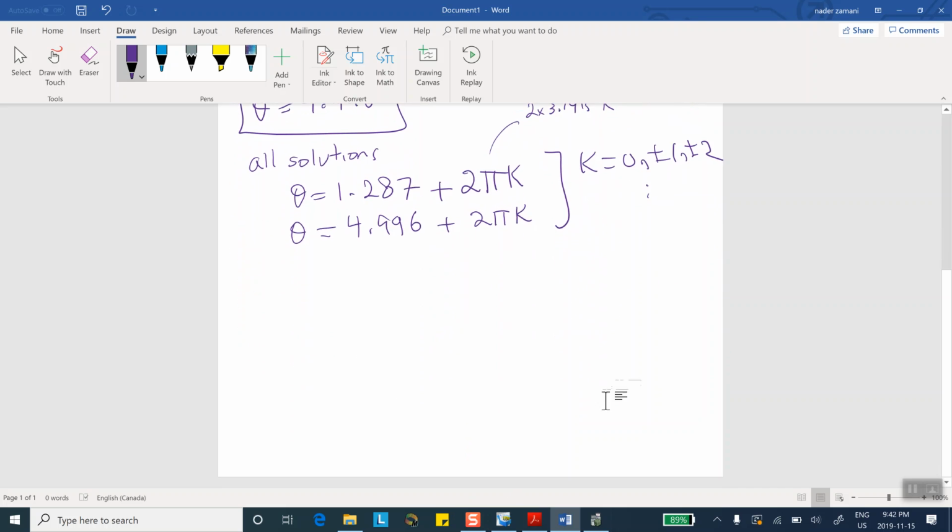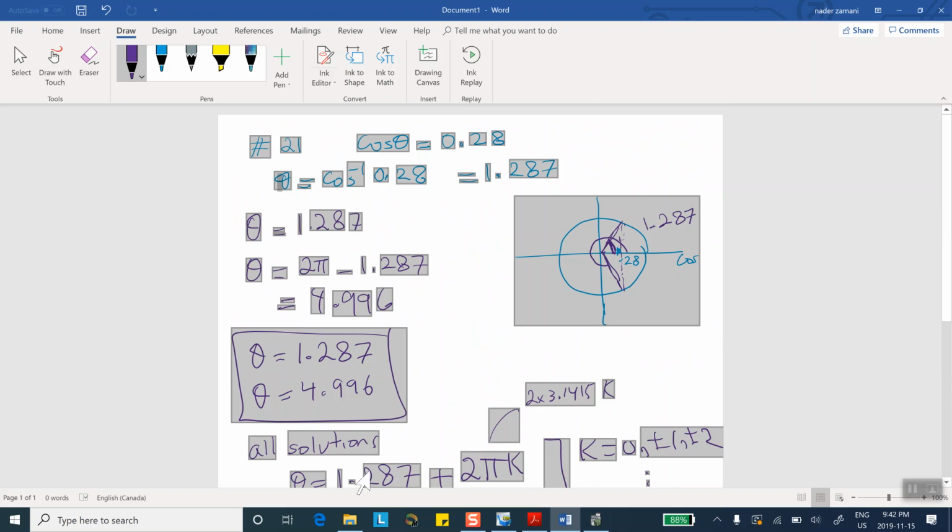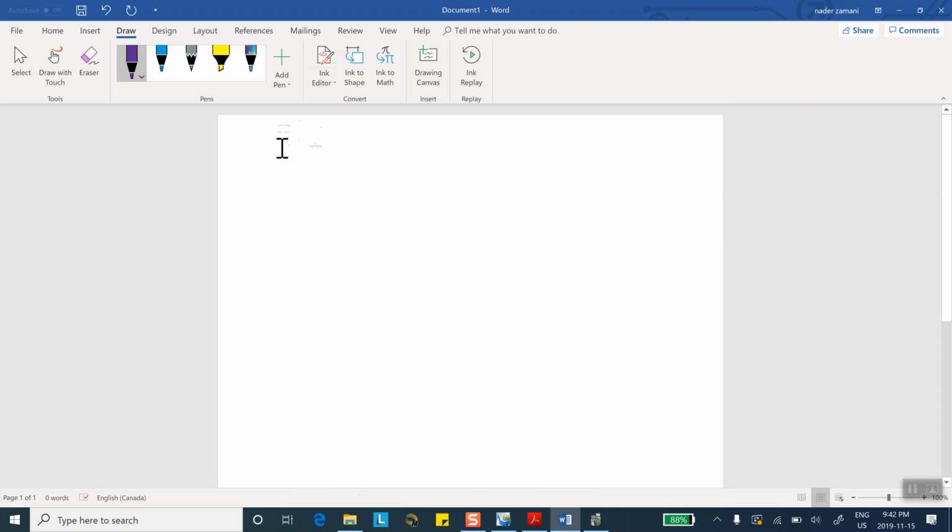Okay, so let's go ahead and do the next one, which is 22. Number 22 is tan theta equal to 2.5.